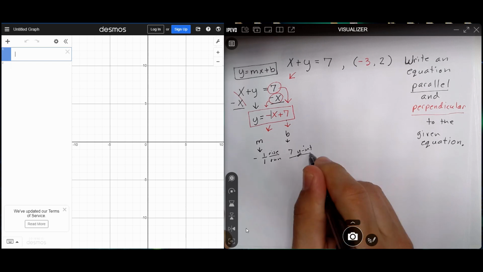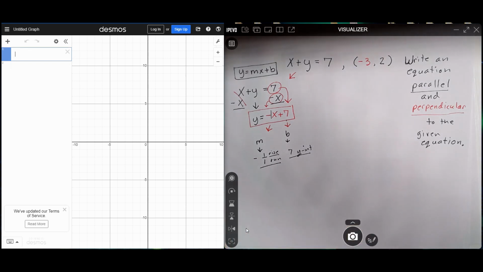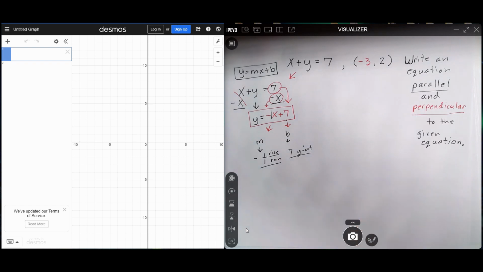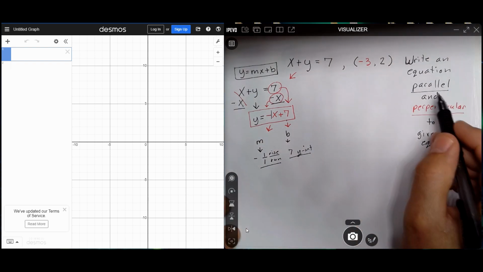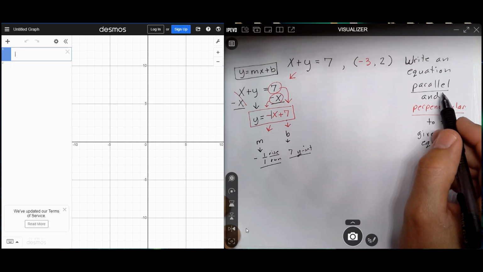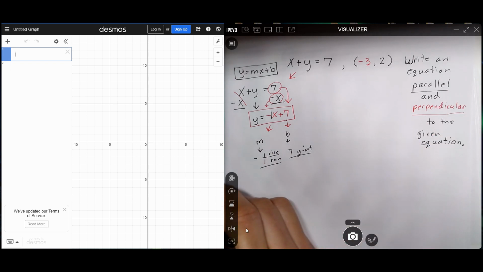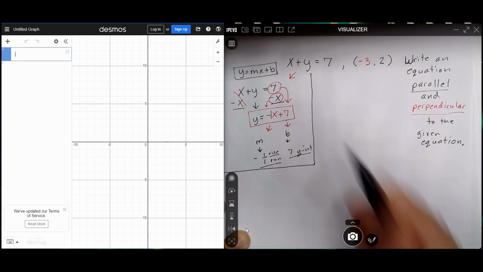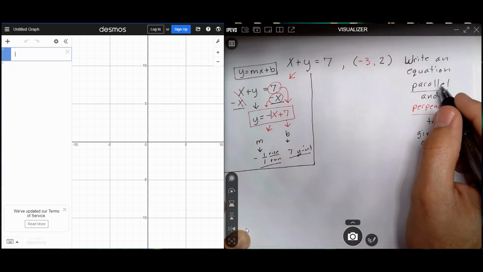So I'm just pointing out some things just to refresh your memory. Now, knowing this equation right here is really helpful for us because we're going to use this point here to find one that's parallel. Now, we got to remember a couple rules. One of the rules is that when something is parallel, it has the same slope. So I'm going to put parallel.